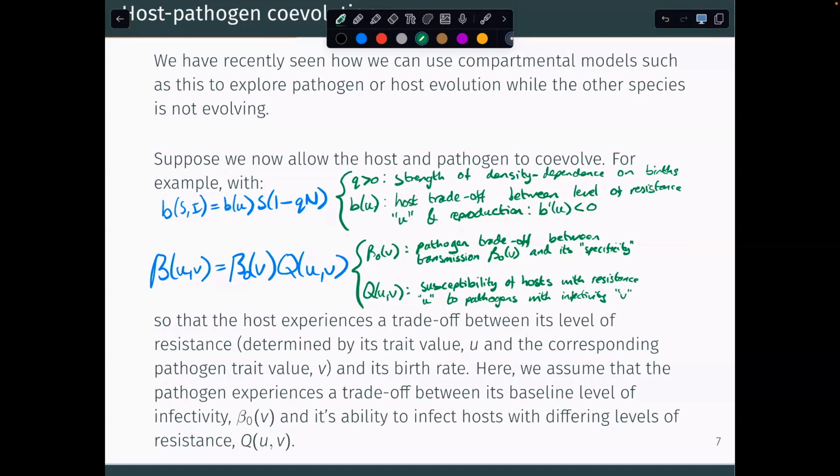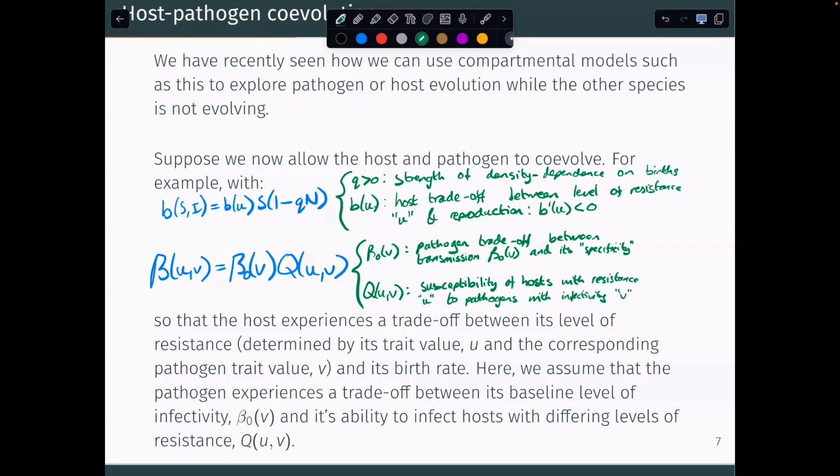The idea here, though, is that we've got some trade-off between reproduction and some level of resistance. The pathogen experiences a trade-off between how infective it is, V, so its level of investment in infectivity, and its transmission rate. And then this function here, this Q, might look a little bit strange, but it's basically saying the interactions that we'd expect between hosts with a certain level of resistance and pathogens with a certain level of infectivity.